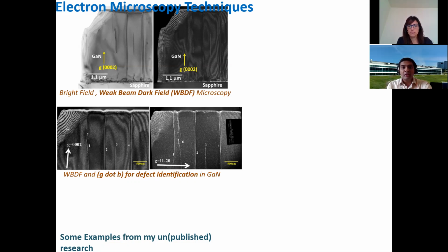Since I was studying this for gallium nitride, I'm showing the g 0002, or rather the imaging vector is the growth direction here, and 112 bar 0 is perpendicular to the growth direction. So basically, the sample is being imaged from different directions, and we are seeing different types of dislocations.